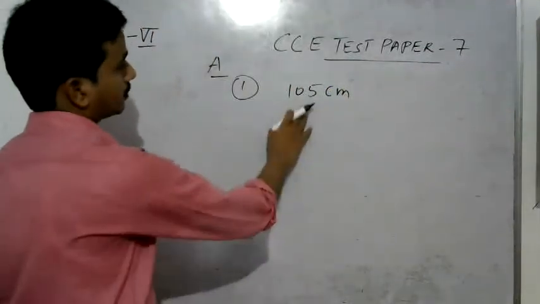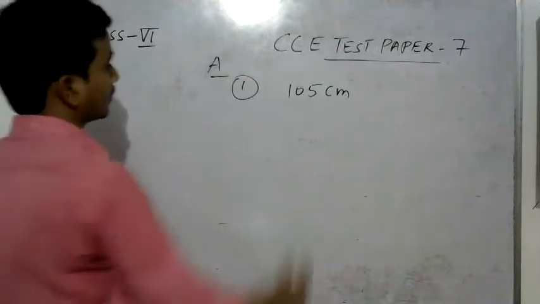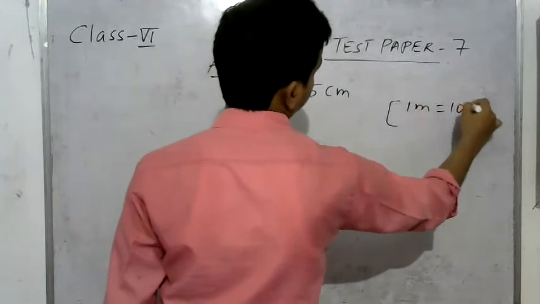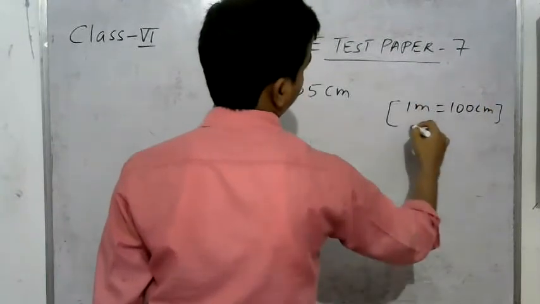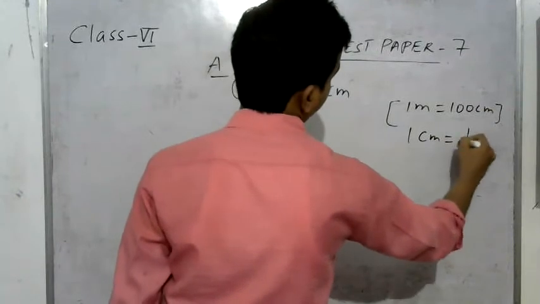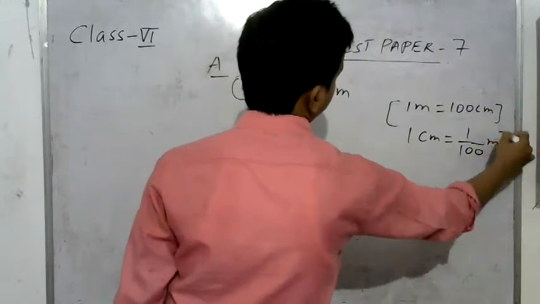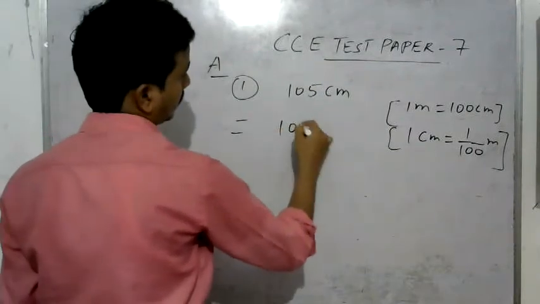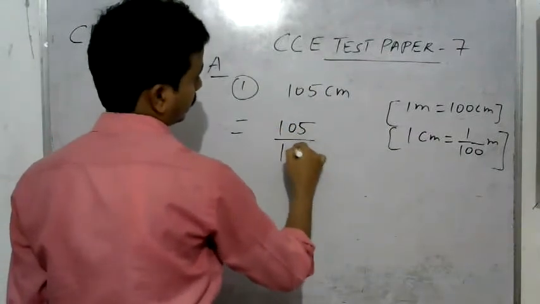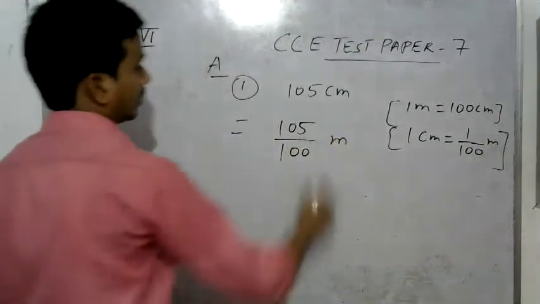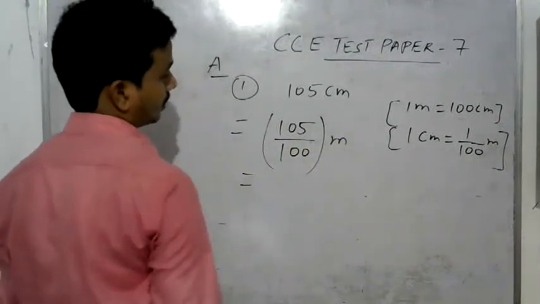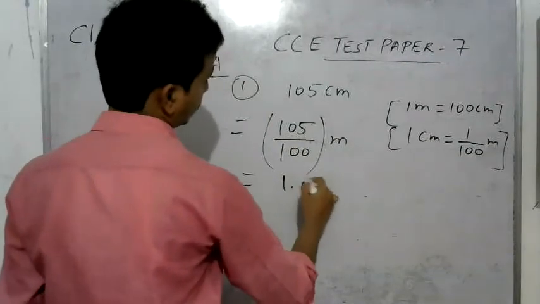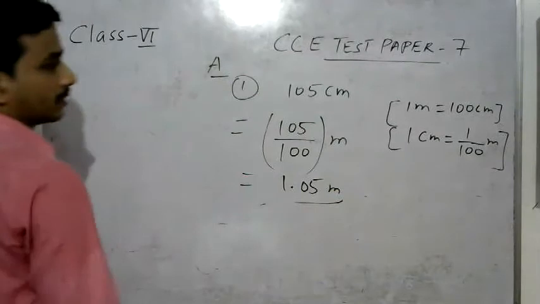So to convert 105 centimeter into meter, we know that 1 meter is equal to 100 centimeter, or 1 centimeter is equal to 1 by 100 meter. If 1 centimeter is 1 by 100 meter, then 105 centimeter will be equal to 105 by 100 meter. We have to divide by 100. Now this will be equal to, in decimal you can write, 1.05 meter. Okay, this is your answer.